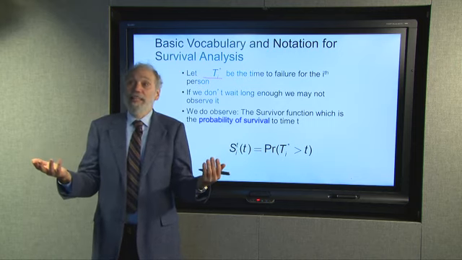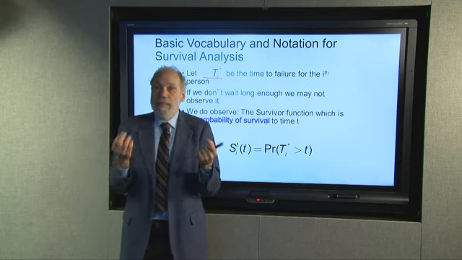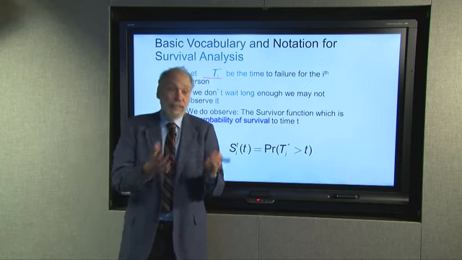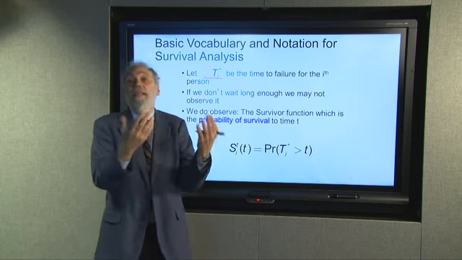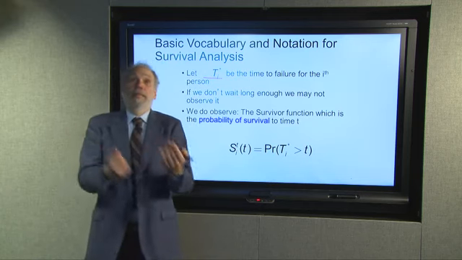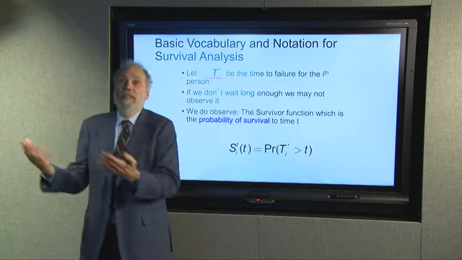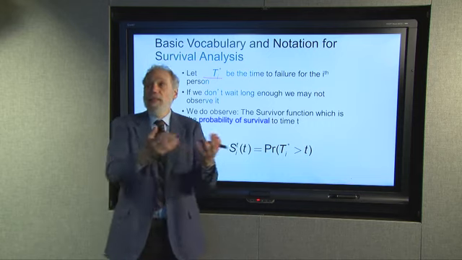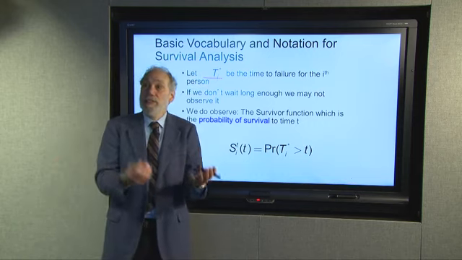And if I think about what that fraction is, it's the probability of surviving to time t, where t is 66, 75, whatever age you want it to be, or maybe you want it to be follow-up year 3 or follow-up year 5.